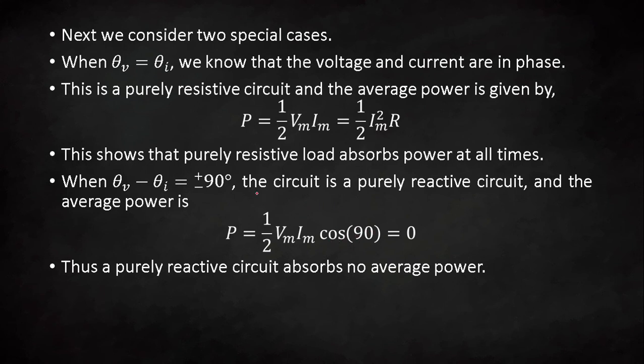So when the circuit is purely inductive or purely capacitive, the average power will always become 0. So the purely reactive circuit absorbs no average power. But as far as the purely resistive circuit is concerned, it will absorb power at all times. So just keep this in mind.